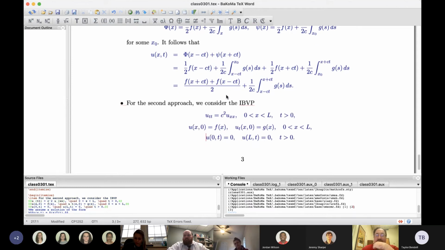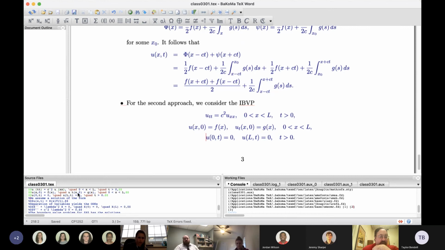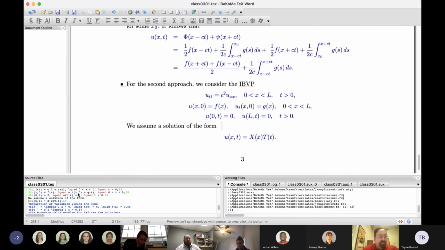All right, so here's the initial boundary value problem that we have. So wave equation, two initial conditions, and then I'm going to impose Dirichlet boundary conditions. So u is equal to 0 on the boundary. So like with the heat equation, we assume a solution of this form, a product of a function of x times a function of t.